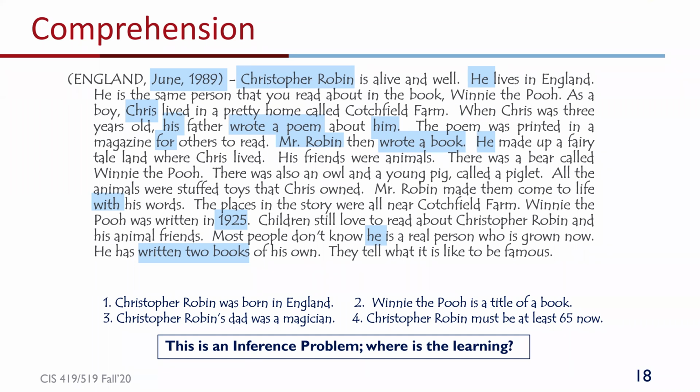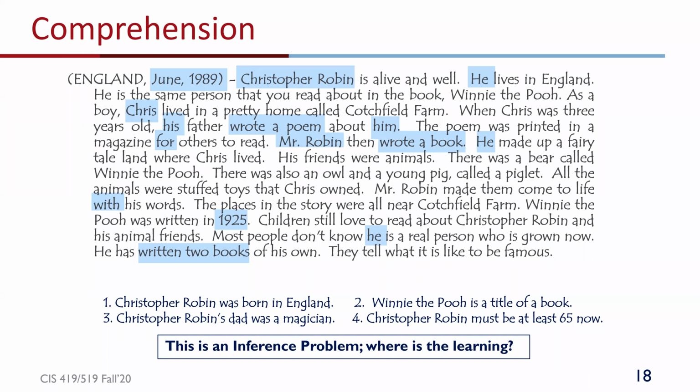Well, I think throughout there's, wait, can you hear me? Yes. Okay, so I think throughout there's kind of ambiguous language and subjects that are used. So when it says Mr. Robin then wrote a book, he made up a fairy tale land where Chris lived, that kind of makes it sound like Mr. Robin and Chris could be two different people. But then also at the end, it says, people still love to read about Christopher Robin and his animal friends.